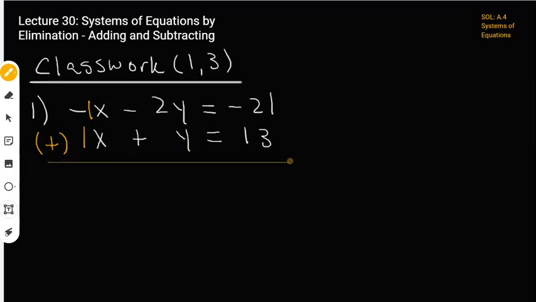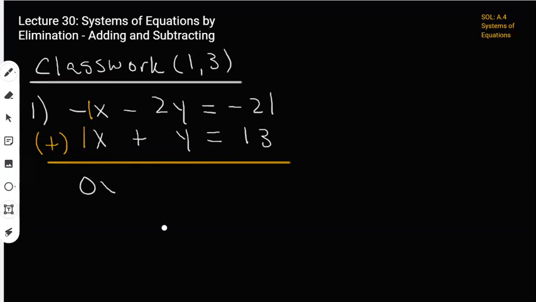And then we'll add these two lines and see what we get. So the first thing we're going to do is add the x terms. Negative 1x plus positive 1x is going to give you 0x. You can write 0x if you'd like to, or if you don't want to, you don't have to, because 0 times x is going to give you 0 anyways.